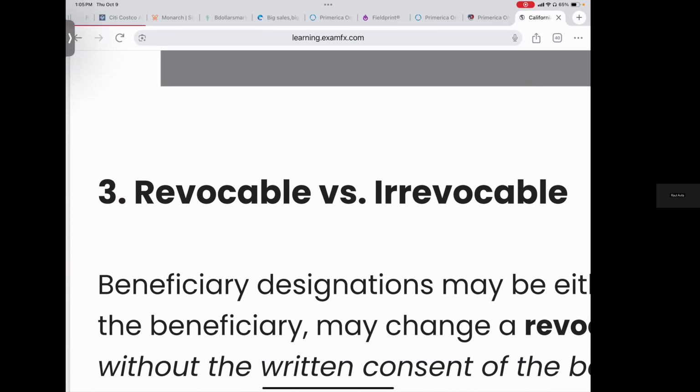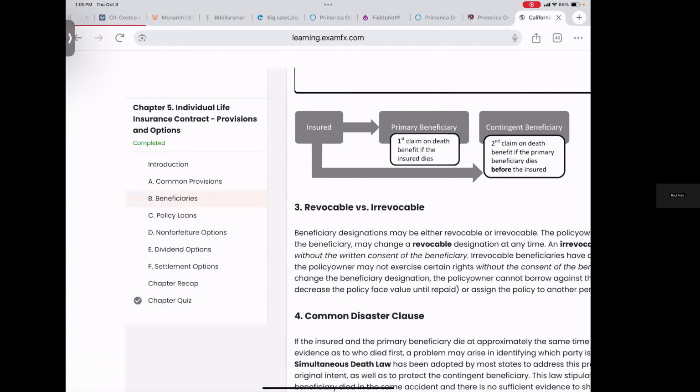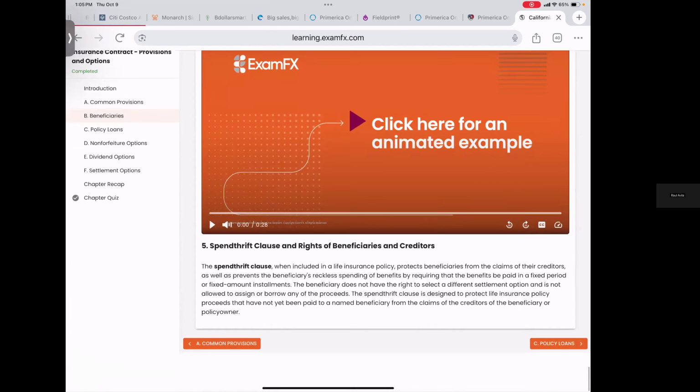Irrevocable, you have to ask permission of the beneficiary. Revocable means you can change the beneficiary, and irrevocable means you can't change the beneficiary, only if you have permission from that beneficiary. All right, good. Just keep going.